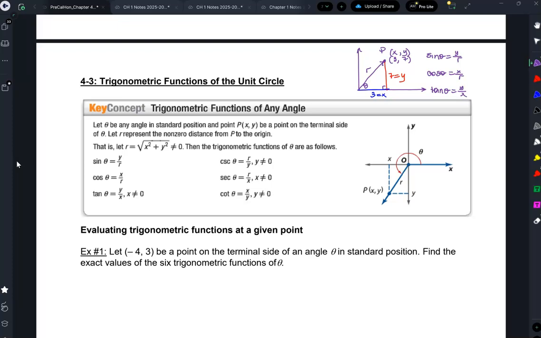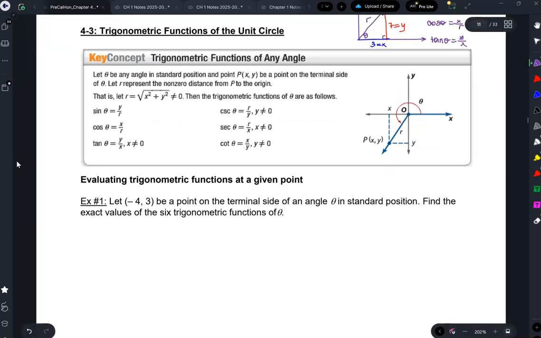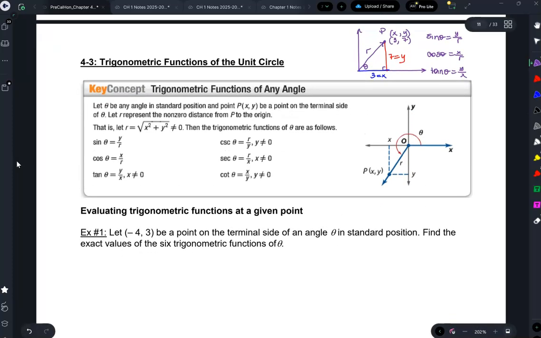And so this is something that we just need to know. When we have a point anywhere and we draw the angle, or the radius, theta is always going to be the angle between the radius and the x-axis. And when you do that, every single time, the opposite side is going to be the vertical side.